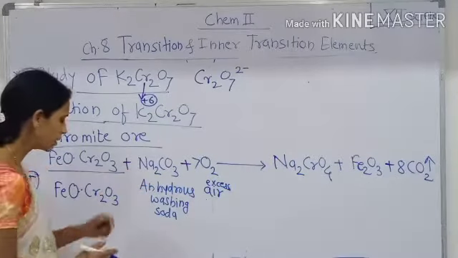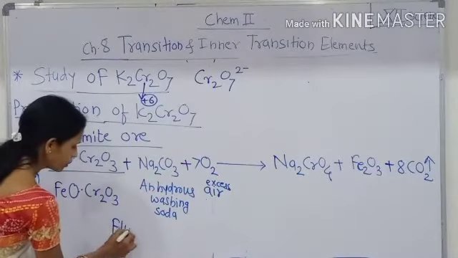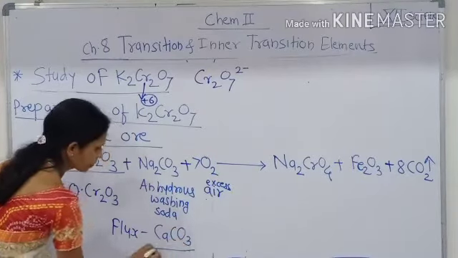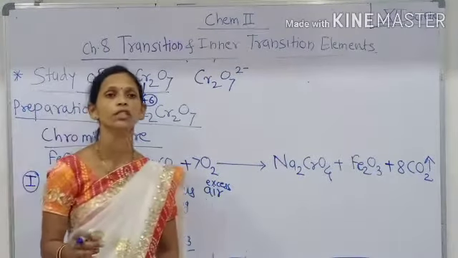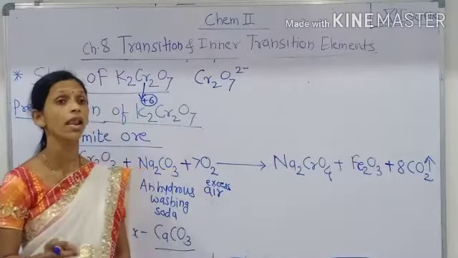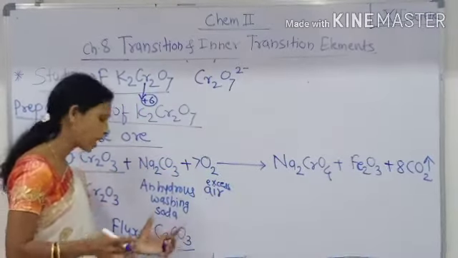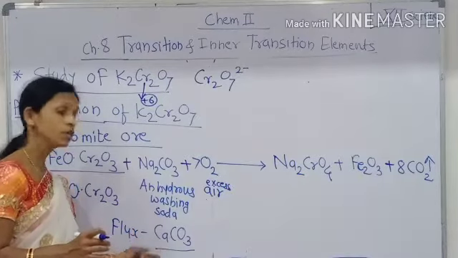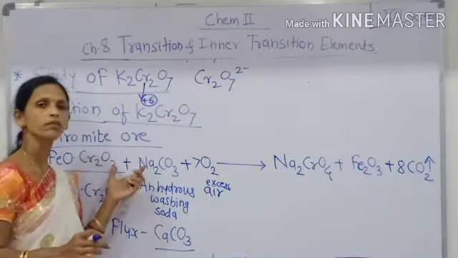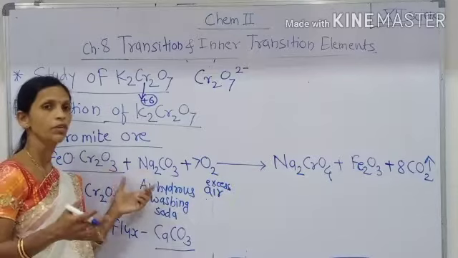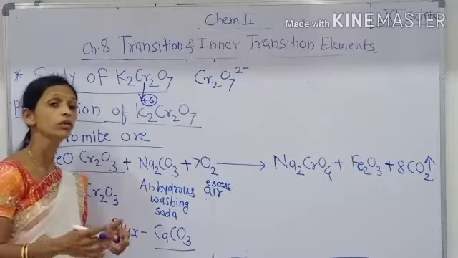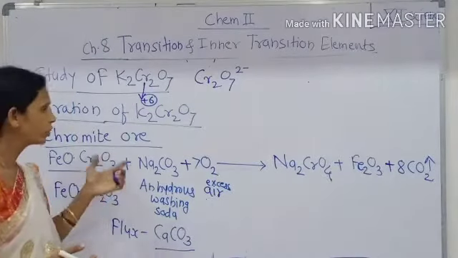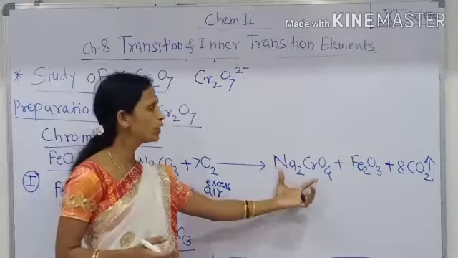The flux is calcium carbonate, known as limestone. Limestone acts as a flux to make the mixture porous, to carry out complete oxidation of the ore and to get the sodium chromate.